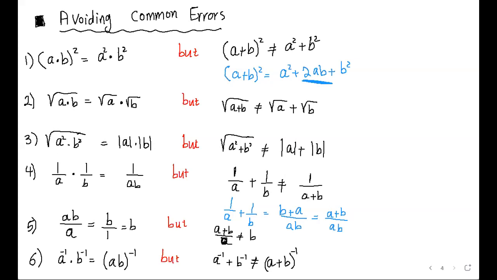So now let's go to the new section, P.8, equations.